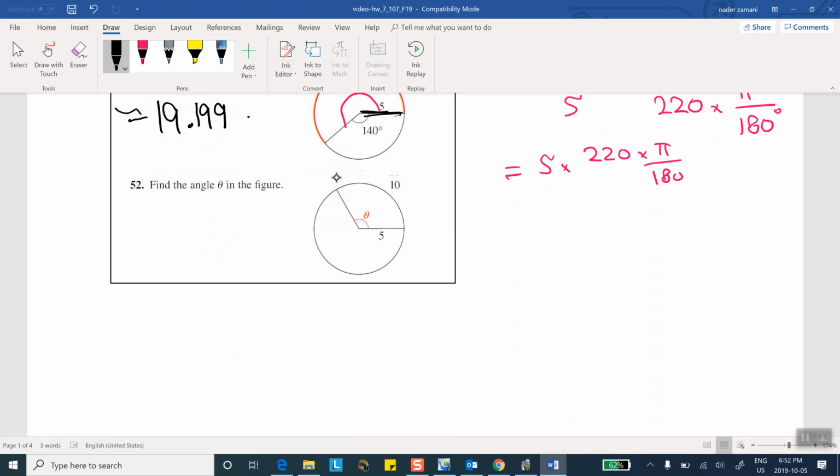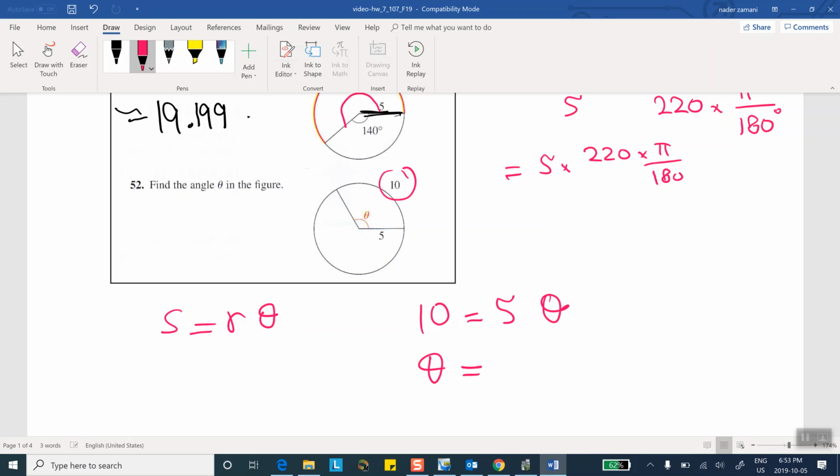Now, notice that in this drawing, it says find the angle. Here we have number 52. We have S equal to R theta. S is given to you as 10, R is given as 5, and theta you have to find.